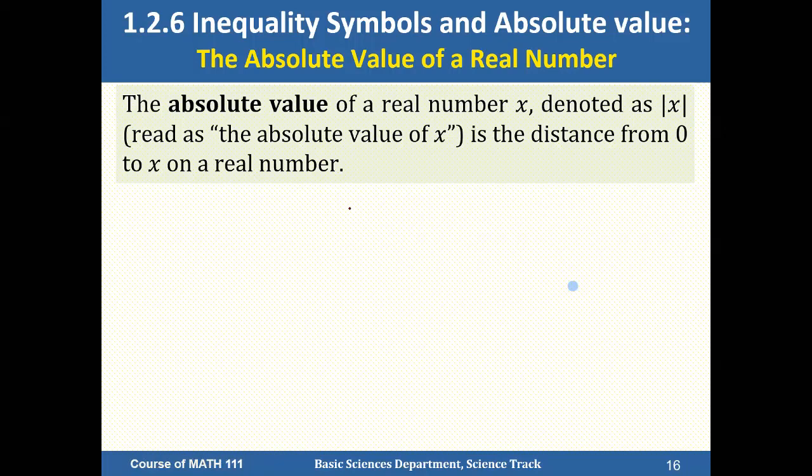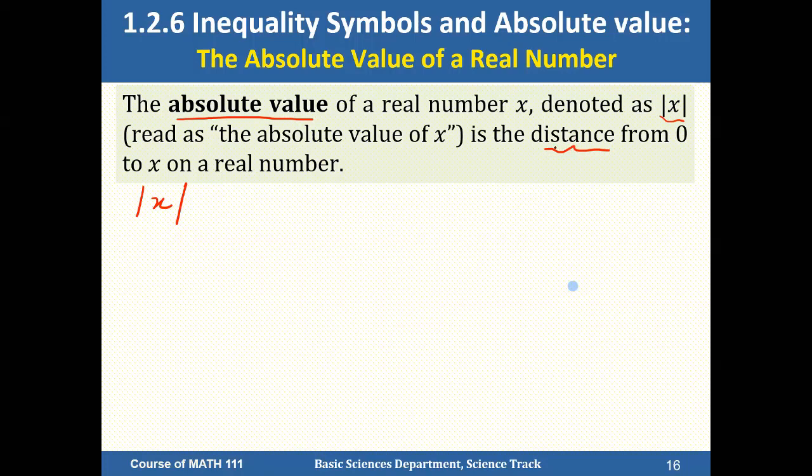The absolute value. Who doesn't know the absolute value? So this is the notation: the absolute value of x. The absolute value is a distance. And we know the distance is always positive.